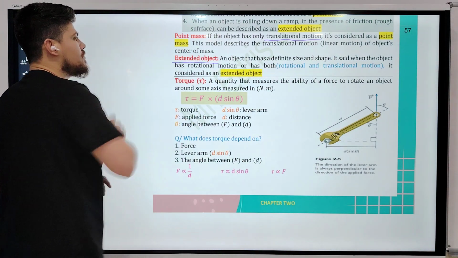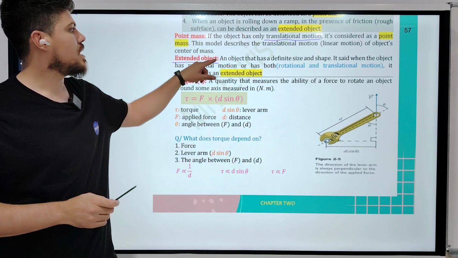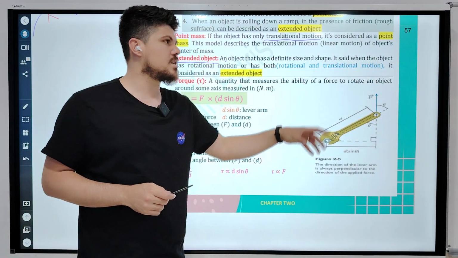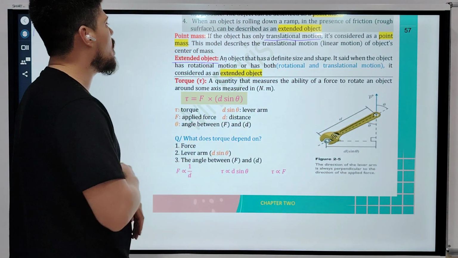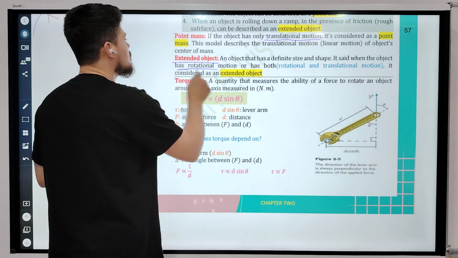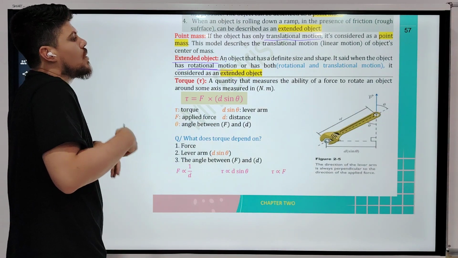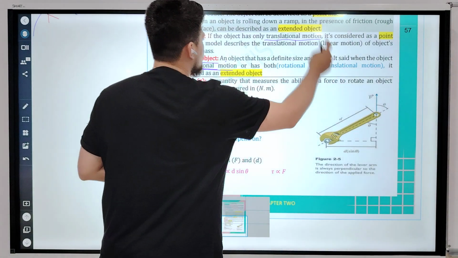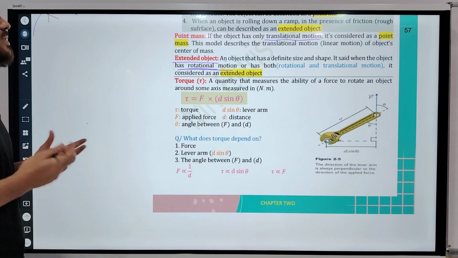The second definition, extended object. What is an extended object? An object that has definite size and shape, such as a bowling ball, ring, or disc. Okay, it is said when the object has what? Rotational motion. Only rotational motion? No. Maybe it has only rotational motion or both rotation and translation, such as rolling a bowling ball on an incline or on a flat surface.